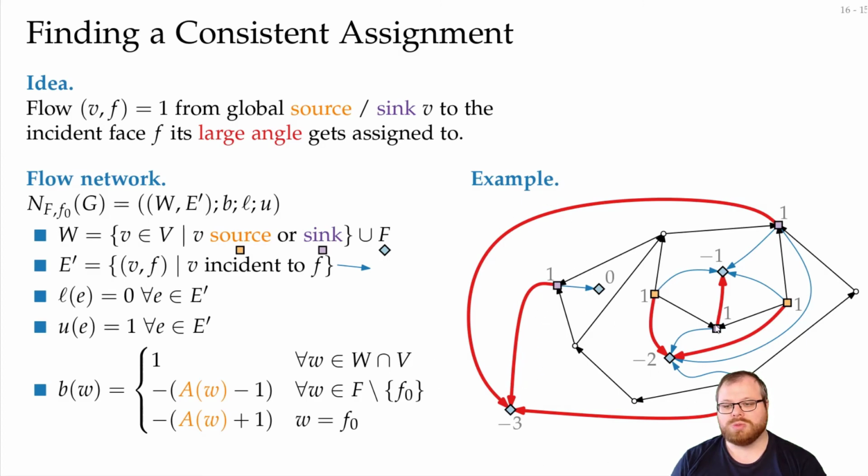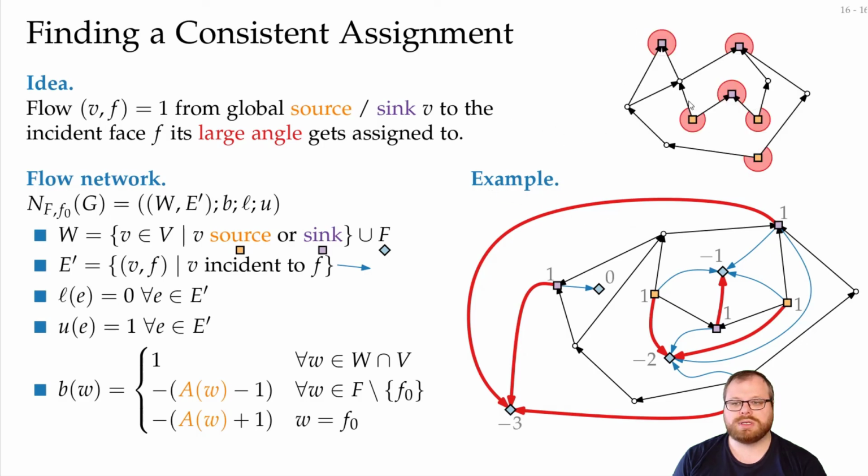Every global source and sink gives one angle away. This gets two large angles, this 1, this 0, and this 3. And a drawing that realizes this consistent assignment could look like this. We have from this vertex to this face the large angle, from the outer ones to the outer face, and from the two orange ones to this face.